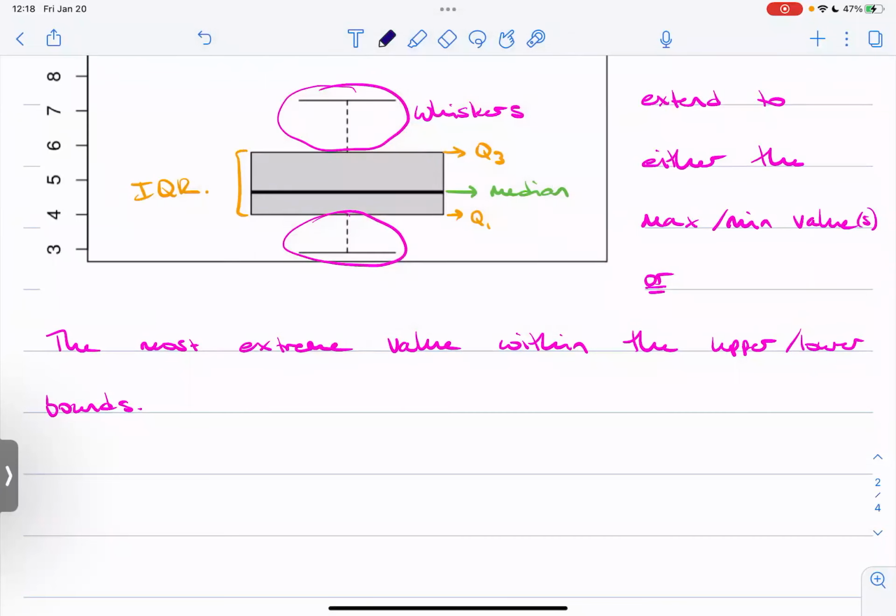So these bounds, upper and lower bounds, come from what we call the 1.5 IQR rule, okay? And it's just the most established way of identifying outliers.